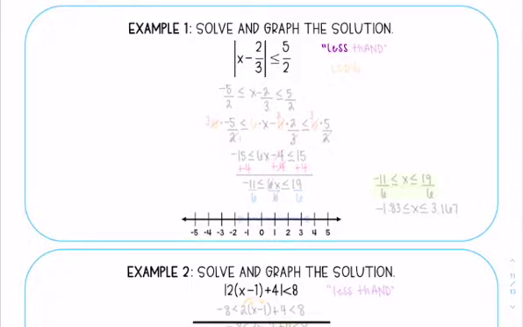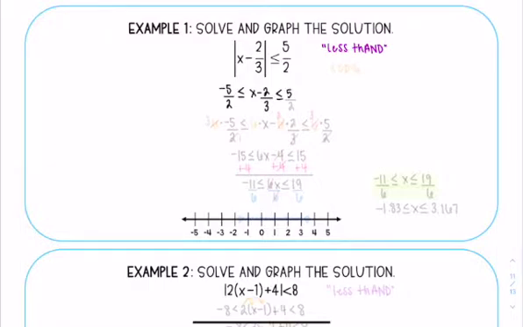So how we can write it is we're going to put negative 5/2 is less than or equal to, we drop the absolute value bars and just write x minus 2/3, and then is less than or equal to 5/2.